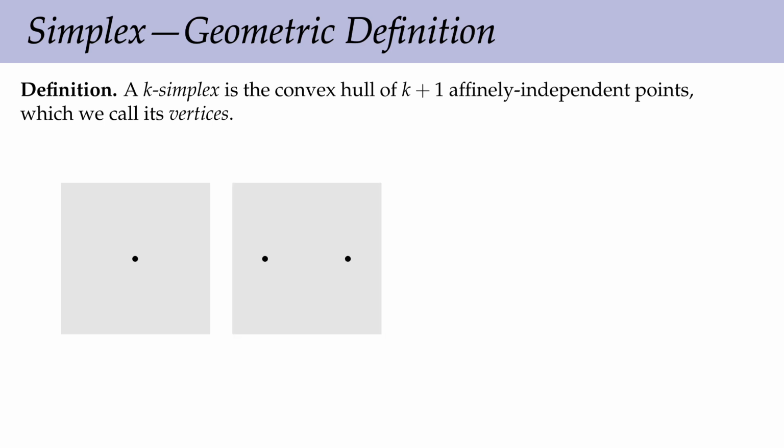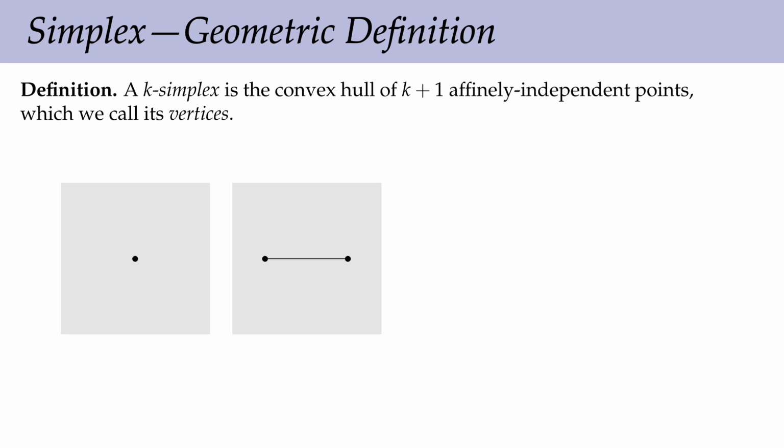More interesting is, let's say we have two affinely independent points. Okay. So now, what does the convex hull of 2 points look like? Well, it looks like a line segment. Okay. So a 1 simplex is an edge.